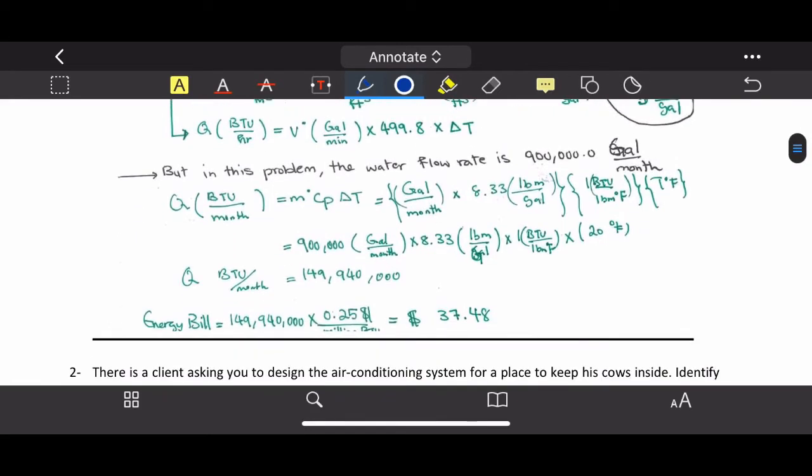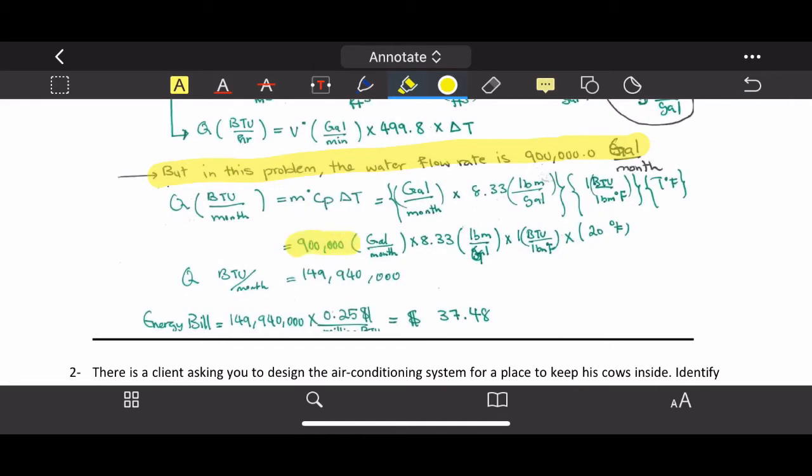Now, this problem, water flows in terms of month. So now we know that the flow rate is 900,000, your Q in BTU for a month equals m Cp delta T, but it is gallon per month, and this one we've calculated just now, and this is your Cp and this is your delta T in terms of Fahrenheit.